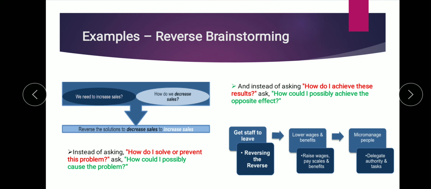And for each and every problem for decreasing the sales, you can come up with a corrective measure. So this question is being answered without asking this question, but by asking the opposite, the negative of this question. I guess you can understand this concept. So this is the reverse brainstorming approach, the fifth approach in the design thinking process.